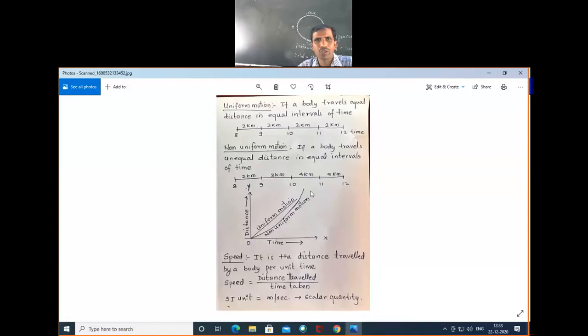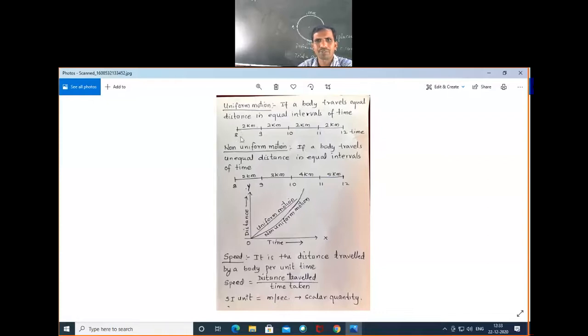There is uniform motion and non-uniform motion. What is the difference between them? Uniform motion means, if a body travels equal distances in equal intervals of time. I have given an example here.